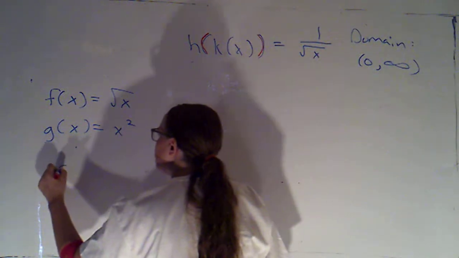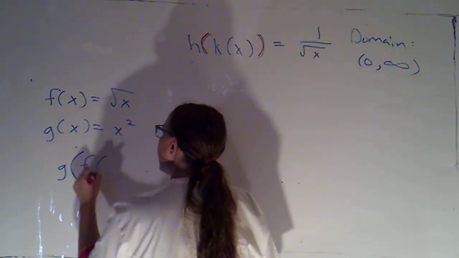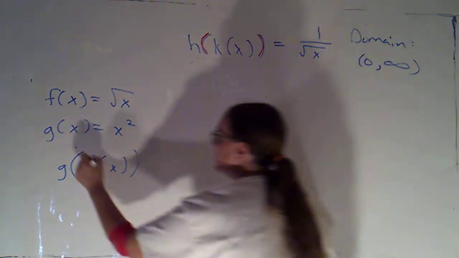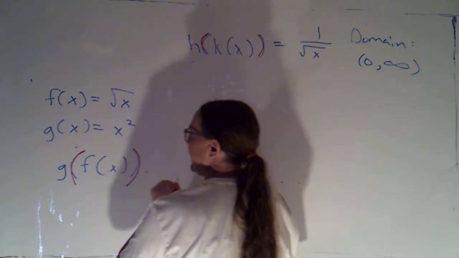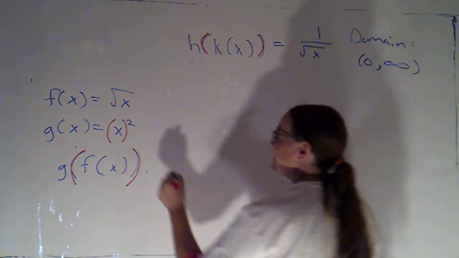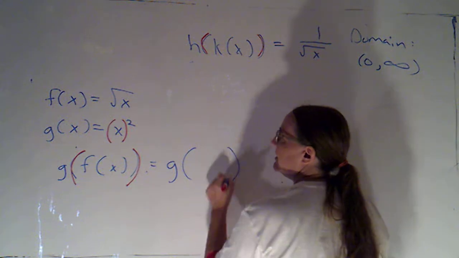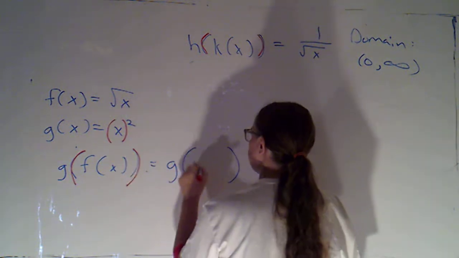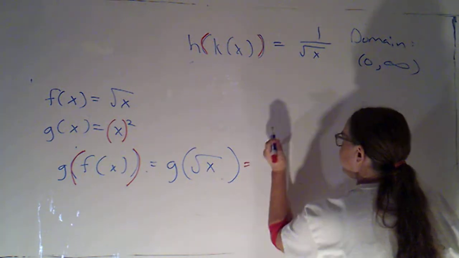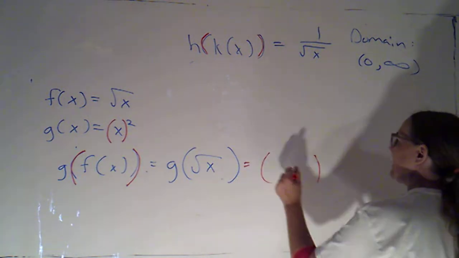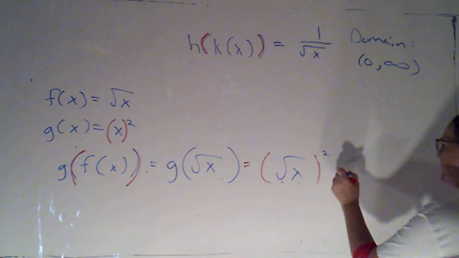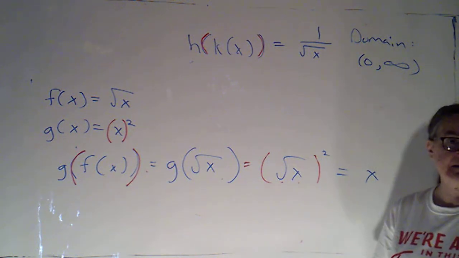If I take a look at g of f of x, that means I'm plugging f of x into the g function. So g of f of x is taking the square root of x and squaring it. Well, if I square the square root of x, I'm going to just get x.